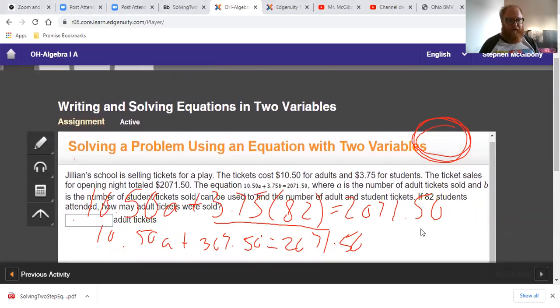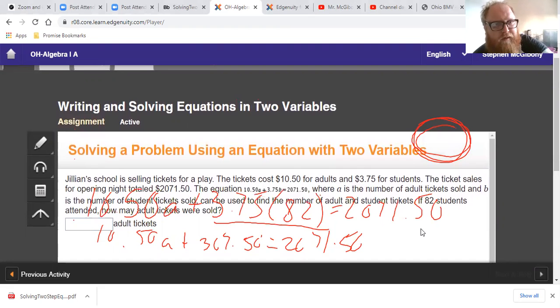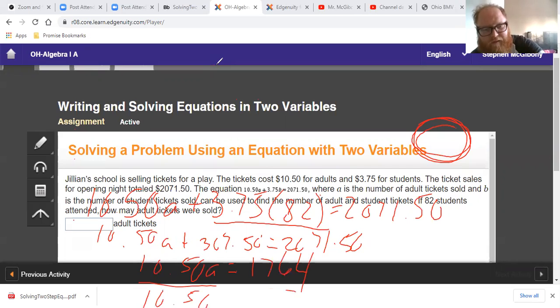I'm going to run off the screen a little bit. But if we subtract 307.5 from 2,071.50, we have 10.50A equals 1,764. Then we're going to divide by 10.50. And A equals 168.